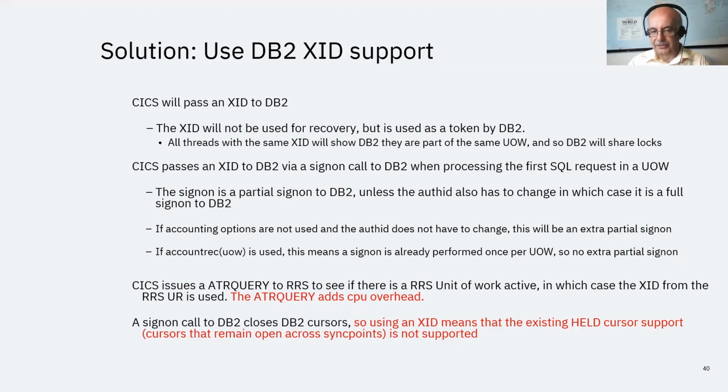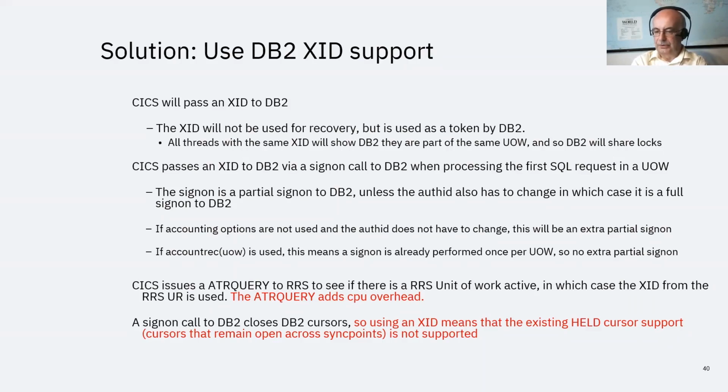Under the covers, CICS has to do some extra work as well. It has to issue a call to RRS to see if there is an RRS unit of work active, and that does add overhead. And the final thing to say there, in red, is that there is some functionality that is not supported if you turn on this new capability, and that is the existing held cursor support.